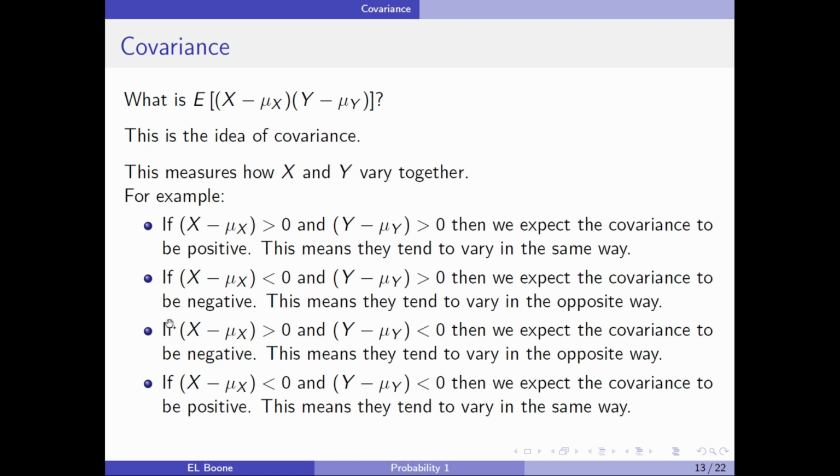Similarly, if we expected x to be greater than its mean and y to be less than its mean, then multiplying them together, positive times negative, we would end up with a negative. And they vary in the opposite way. Notice it says tends to vary, because they're not absolute; this is variance. Things are random. We can't expect everything to behave exactly as we think it will. And if they're both below the mean at the same time, then we would expect the covariance to be positive, and that means they tend to vary in the same way.